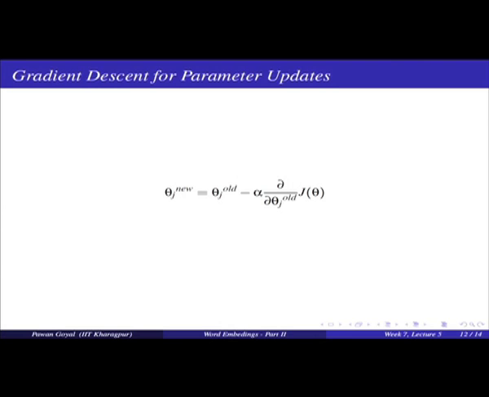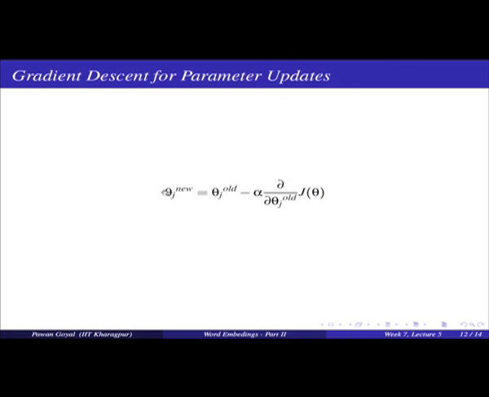And what is the simple gradient descent formula? So you take the derivative with respect to that particular parameter. So theta j new is theta j old minus alpha, my learning rate, times the partial derivative of J theta with respect to the parameter, putting the old values.